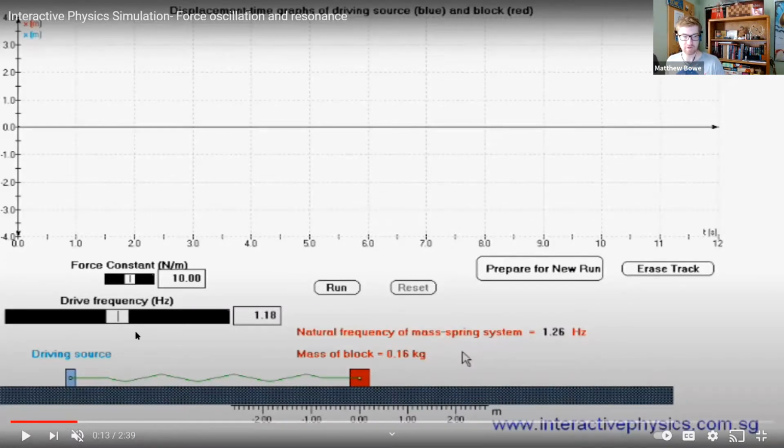If you look over here on the left, this little blue block, it's going to be the thing that pushes the spring. And the block on the right, the red one, that is the thing that is oscillating back and forth.